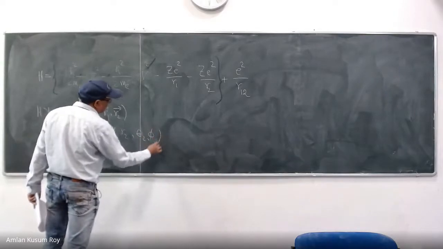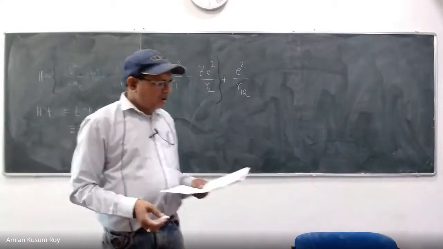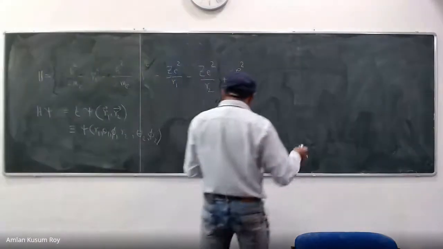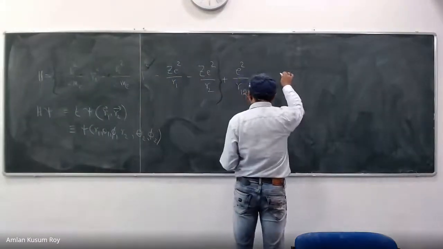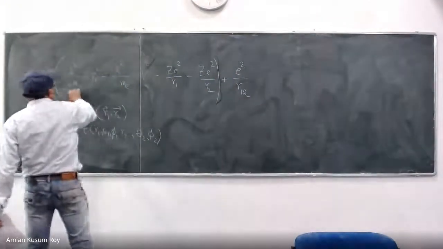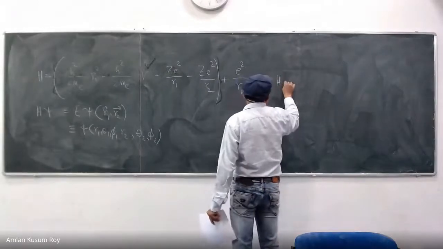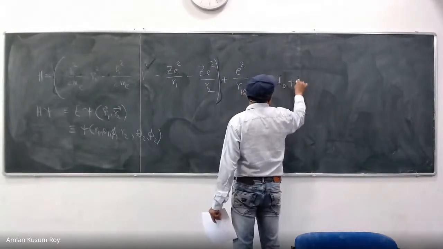So this is a 6-dimensional function. So I am looking to write H as this guy plus this guy. That is my H0 plus H prime.